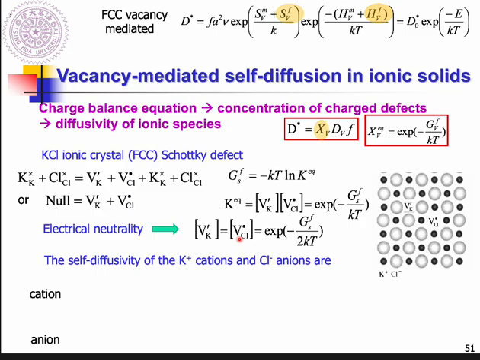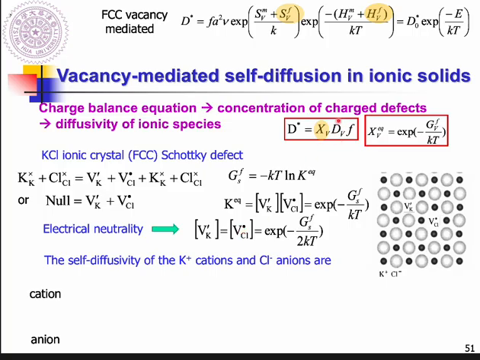So here we can get the Vk and also VCl equals exponential negative Schottky defect formation Gibbs free energy divided by 2kT. Now we know this fraction term. This actually is xvk and xvcl, right?